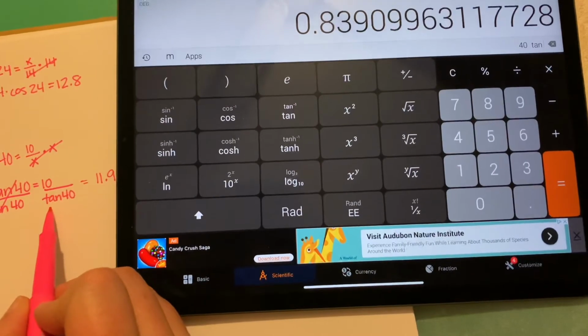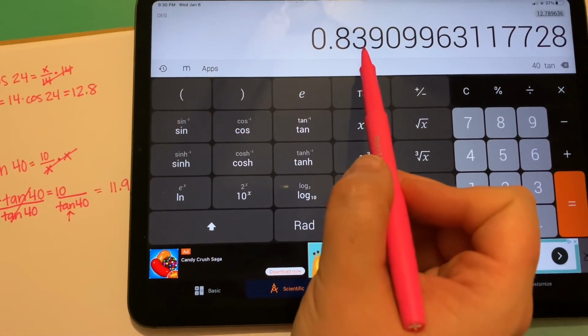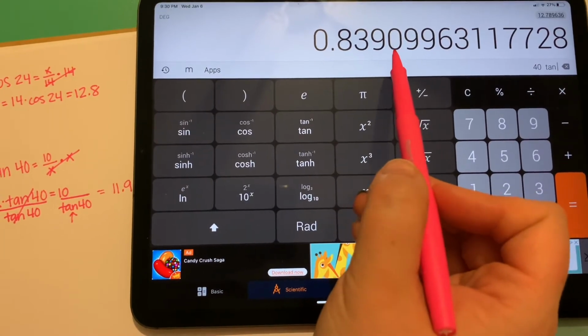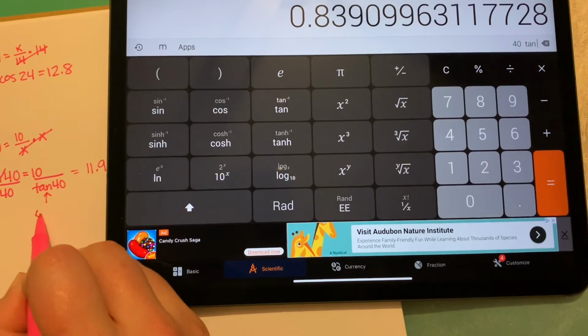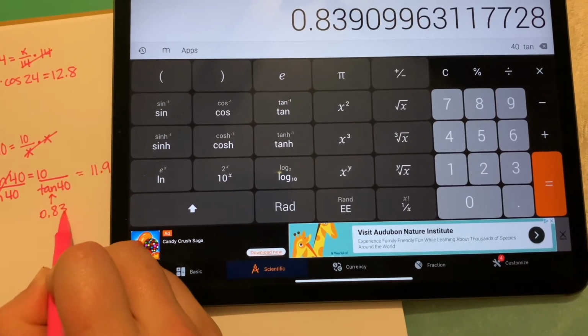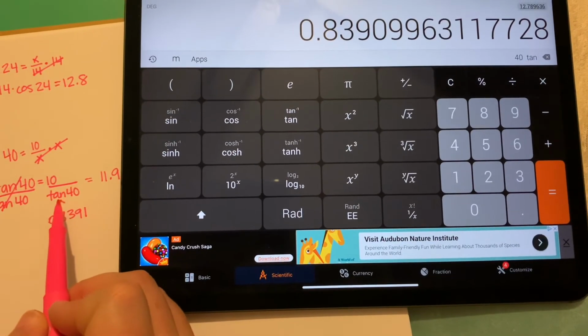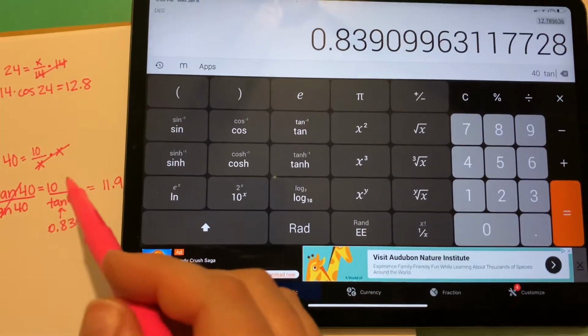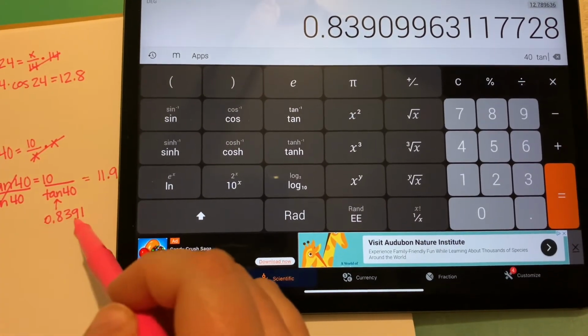So I'm going to say that this tan 40 is 0.8391. That 0 would round up. That's what the tangent of 40 is equal to. Now, in my calculator, I will do 10 divided by this number.